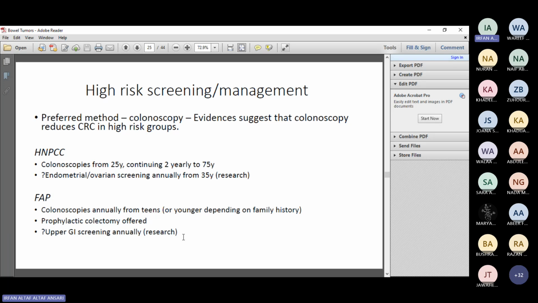In the high risk group, you do colonoscopy. In the general population, you do fecal occult blood testing. These are the two important points which I have not included in this slide, but I am telling you to remember: in high risk group, always colonoscopy; in general population, always fecal occult blood.